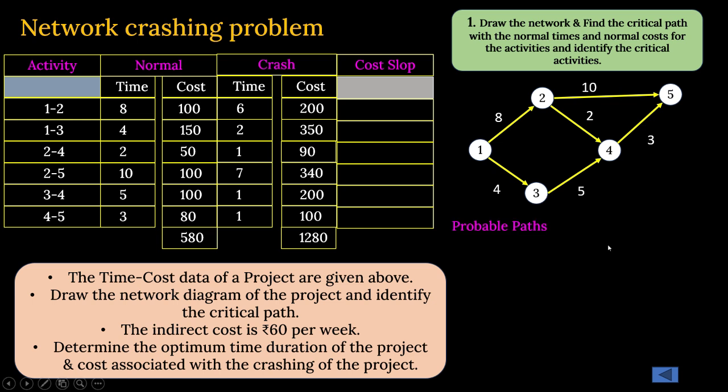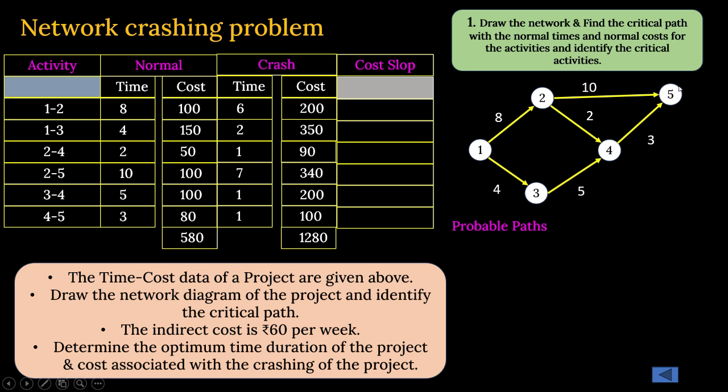Now, what will be the next step? To find out the probable paths. Probable path means if you start your activity from node 1, how can you reach the end of the project, that is node 5. Now let us see the probable paths. We can see in this diagram, one is 1 to 2, 2 to 5.